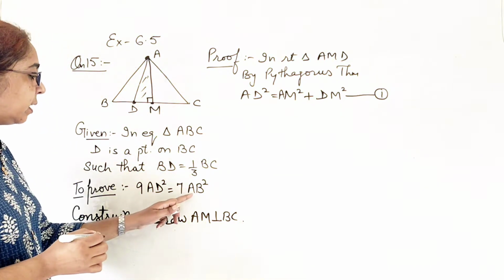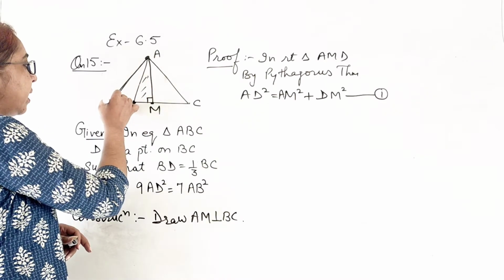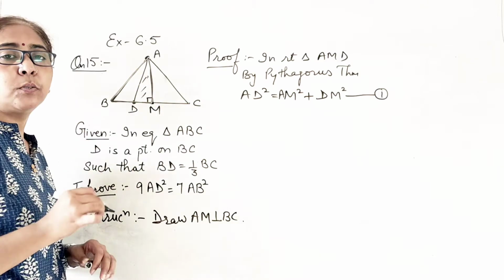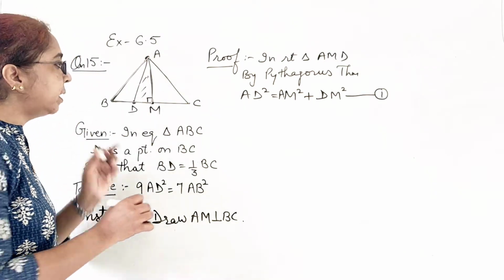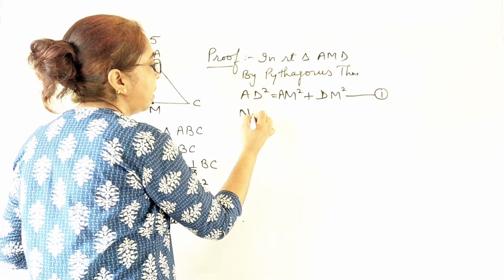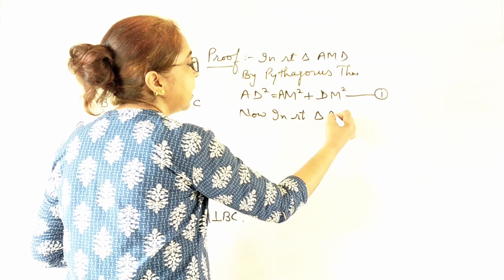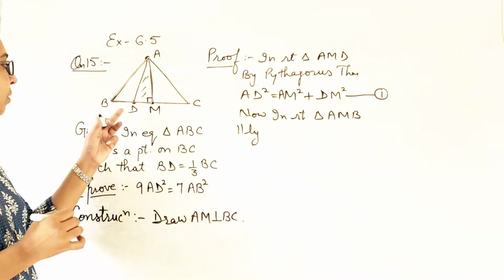Okay, now just look here, AB square, we can get AB in right triangle AMB. So now which triangle do we have to take? AMB. So now in right triangle AMB, similarly we can apply the Pythagoras theorem.